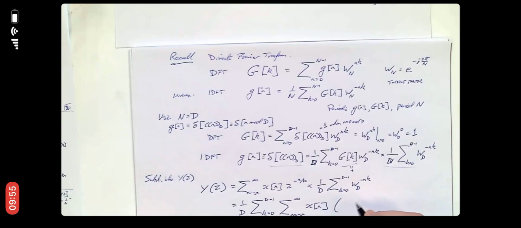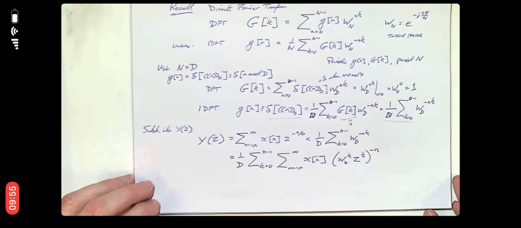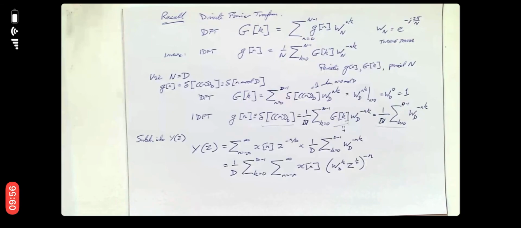So those things are all to the power n. So W_d to the k, z to the 1 over d, to the minus n. It's not very nice. This is why the downsampling Z transform is much more complex than the regular upsampling version.